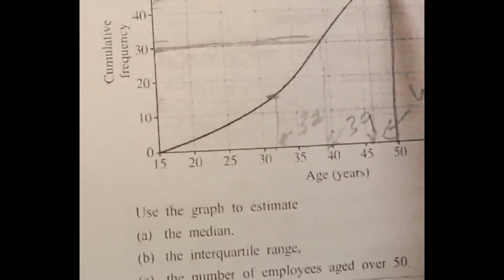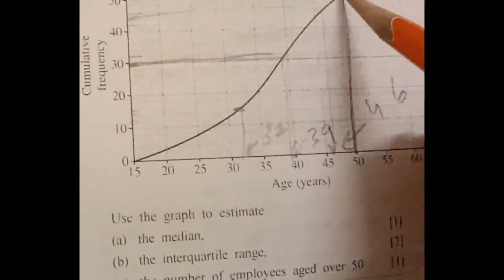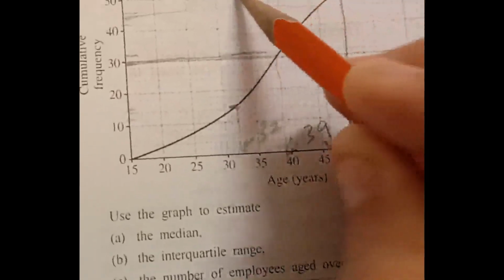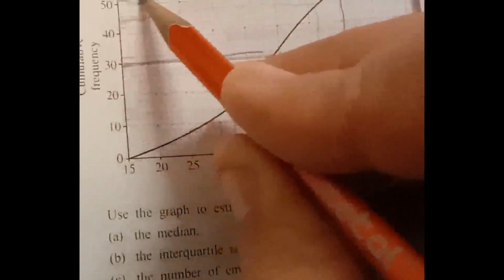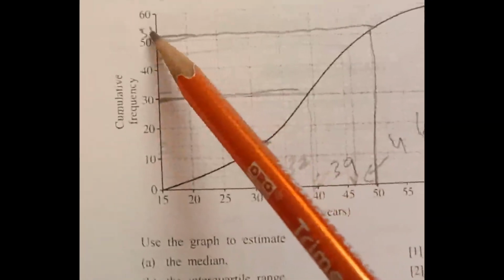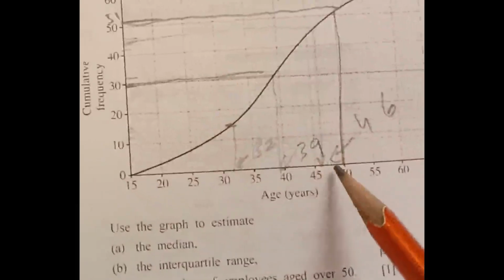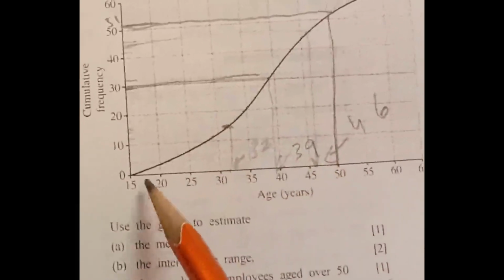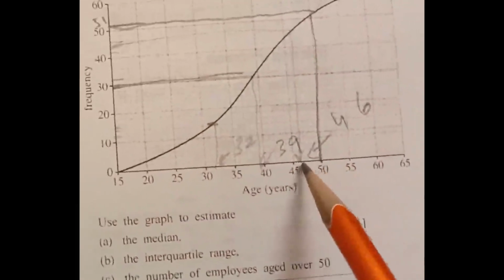It cuts the graph here, and we now check it on this side, the cumulative frequency side. This value is 51. So it means 51 employees are less than or equal to 50.